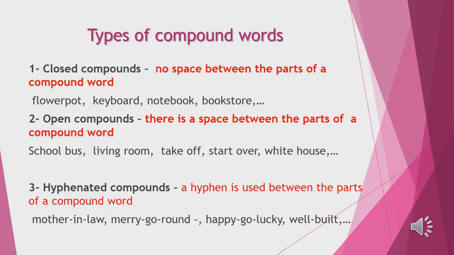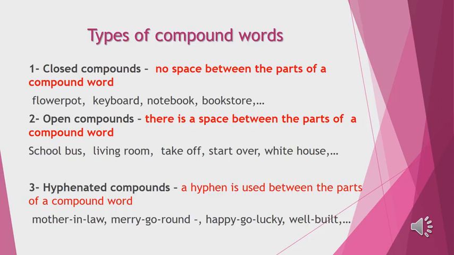Compound words, which consist of two or more free forms, can be classified into three types according to the way they are written. The first type is called closed compounds. In closed compounds, there is no space between the parts of a compound word. The two parts are written together without any space between them.